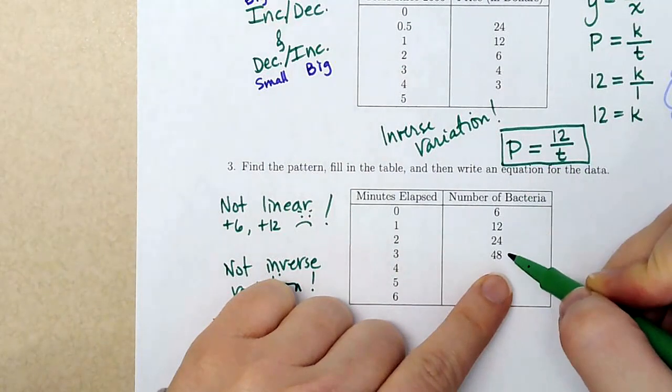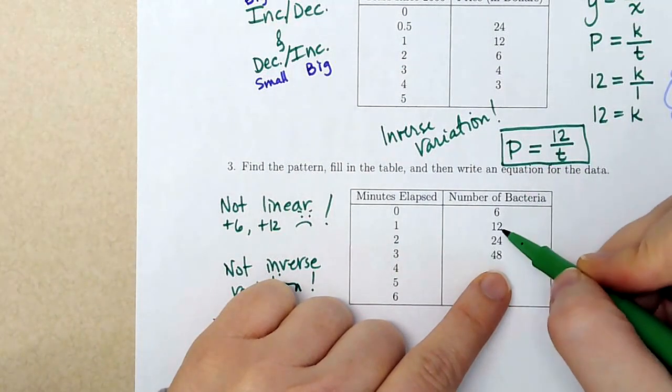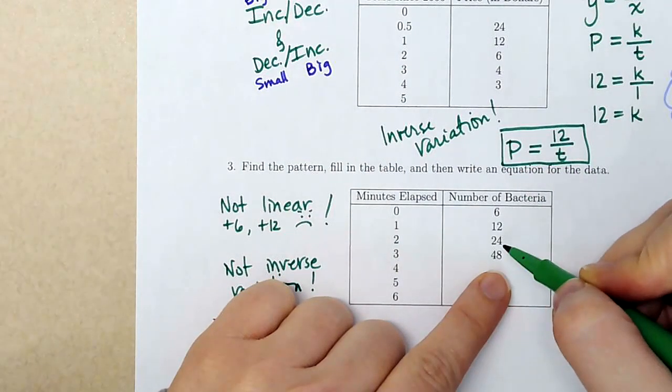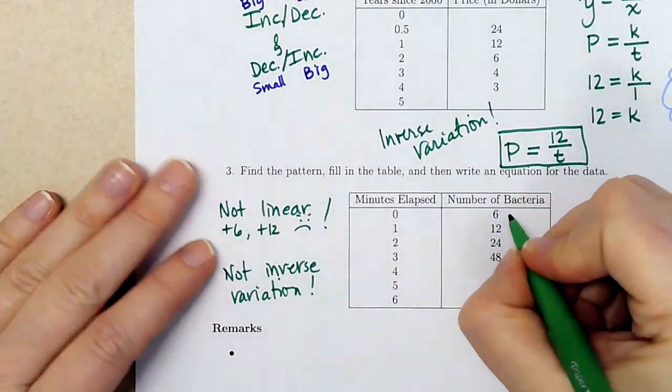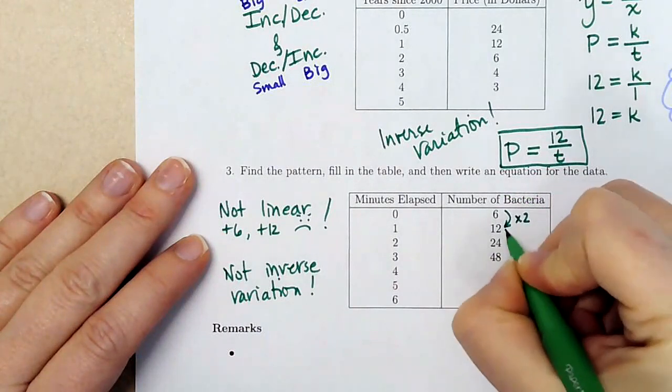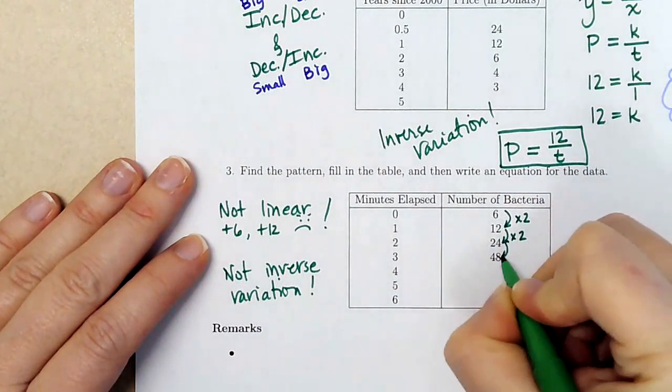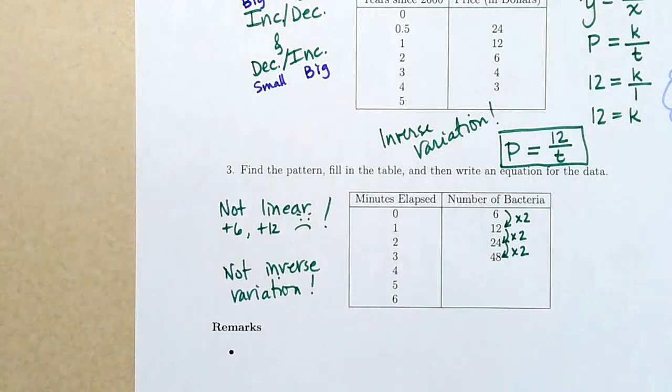But I do see a pattern. 6 times 2 makes 12. 12 times 2 makes 24. 24 times 2 makes 48. These are doubling. So the pattern I see is times 2. To think back to the exponents section, like in 1.7 back in chapter 1, where we talked about exponents and scientific notation: when we're doing constant repeated multiplication, we're really dealing with exponents.